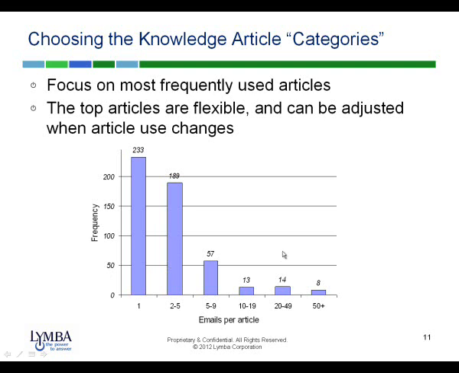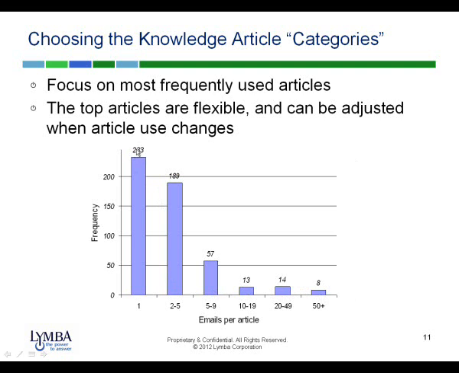So if you look at the right, you can see articles that have more than 50 emails associated with them, meaning they're quite popular. There's only 8 knowledge articles that fall into that category. And as the popularity goes down, the number of articles fitting into that category go up. And there's actually quite a few knowledge articles which are almost never used. They're only used with 1 email.